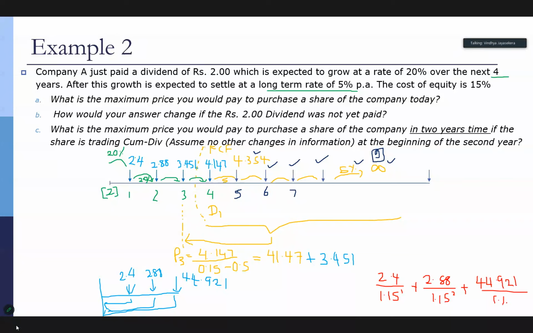Is that correct? Is that what you all have done, Tivanka? Is that the answer you get by doing that? 33.8056? Yeah.